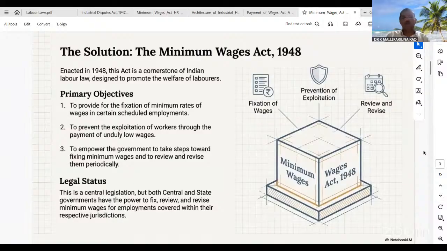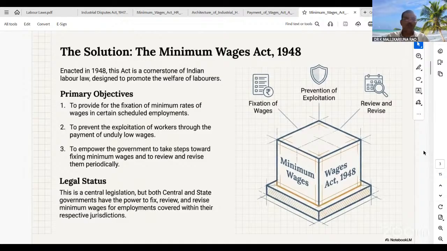So this act, enacted in 1948, applies to the entire India and is designed to promote the welfare of laborers. The objective of the Minimum Wages Act is to provide for the fixation of a minimum rate of wages in certain scheduled employments, which I will tell you about, and to prevent the exploitation of workers through payment of low wages.